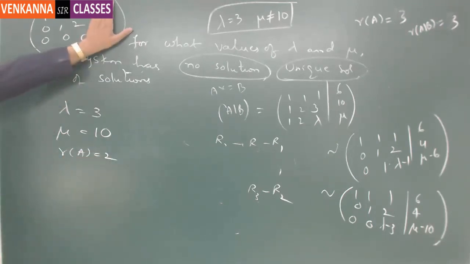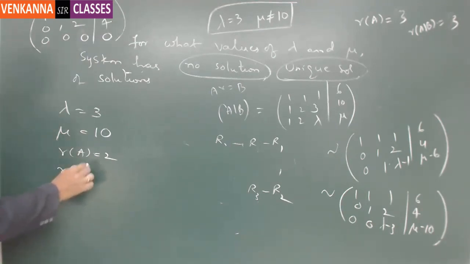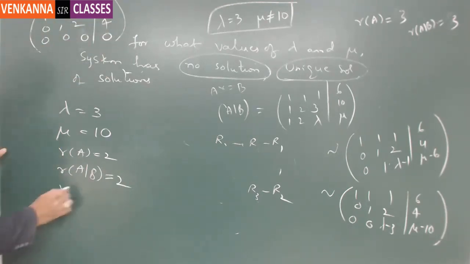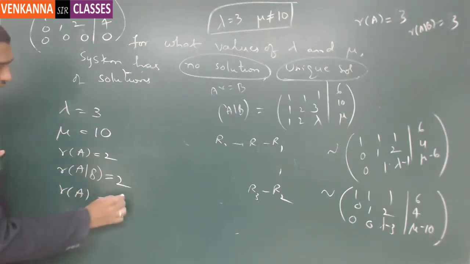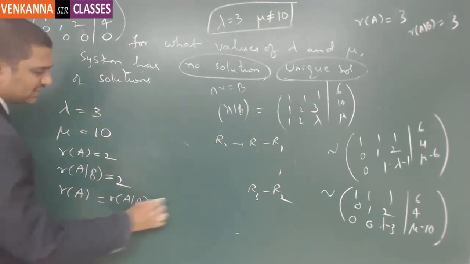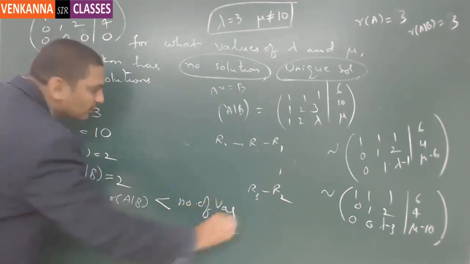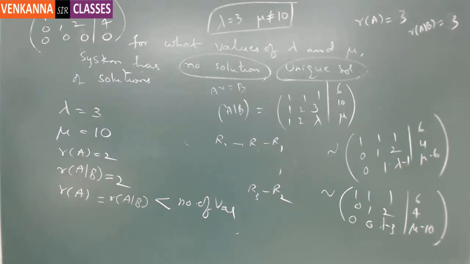If you forget this portion, rank of A is equal to 2. Rank of A by B is also equal to 2 because only 2 non-zero rows are there. The last row has become completely 0. So rank of A is equal to rank of A by B, which is less than the number of variables. Therefore, the given system is consistent and has an infinite number of solutions.